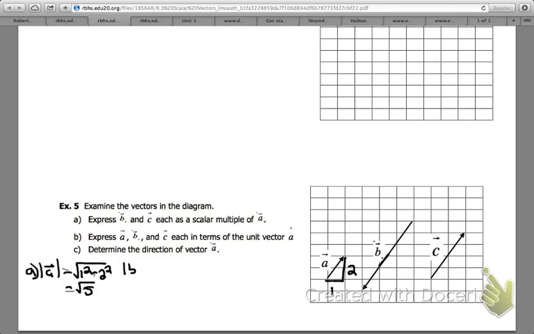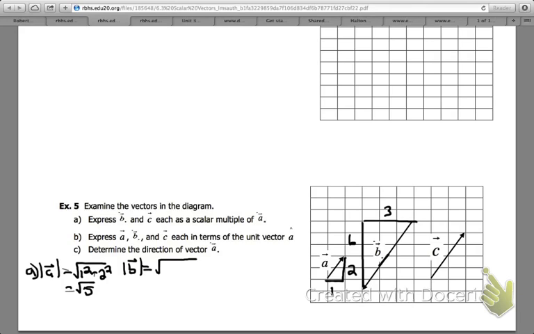Similarly, for our vector b, we're going to do the same thing. So if we start from our tail to our tip, there's a difference of 3, and then for our y's, there is a difference of 6.